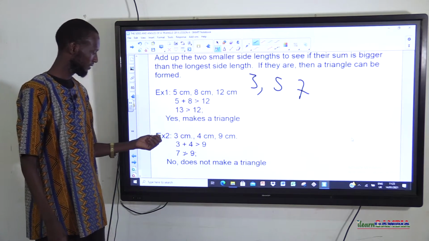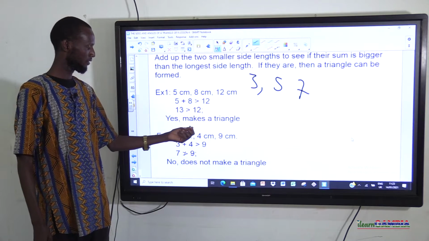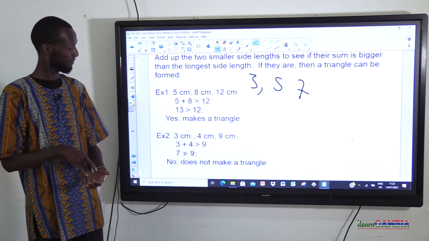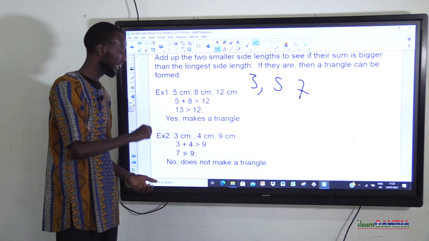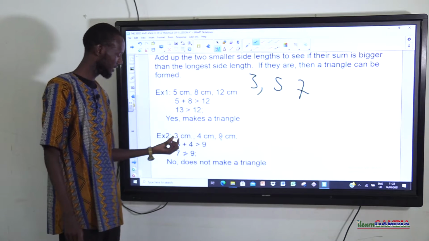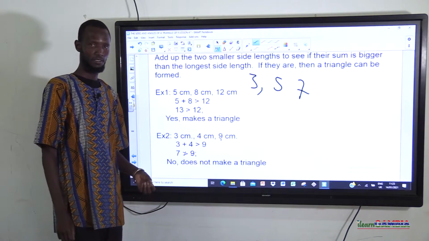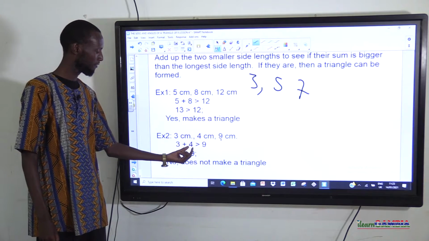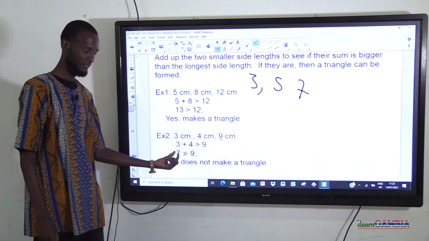Likewise, if we look at 3 centimeters, 4 centimeters, and 9 centimeters, we try the same test and see. The longest side there is the 9 centimeters, and the shorter sides are 3 centimeters and 4 centimeters. If you add up the two shorter sides, that is 3 and 4, you get 7.